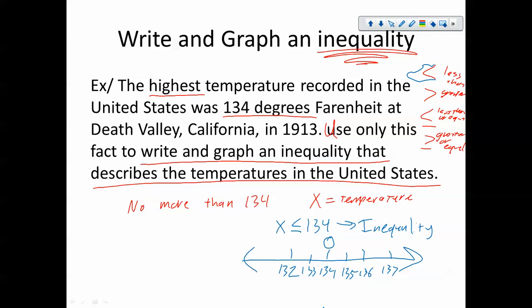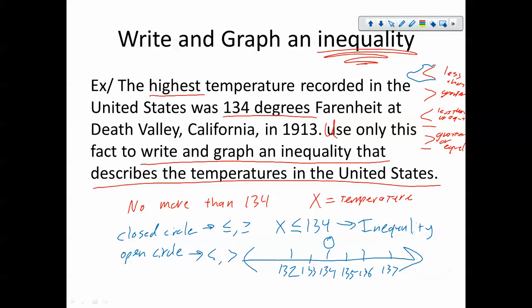Now, interesting question. Is it a closed circle or an open circle? If you're reviewing this, closed circles happen when you're using a greater than or equal to or less than or equal to. And open circles happen on a less than or a greater than.